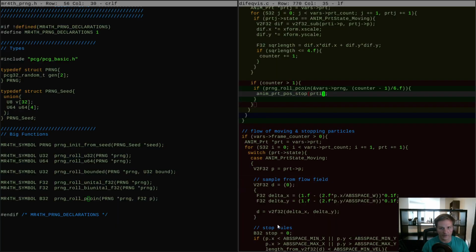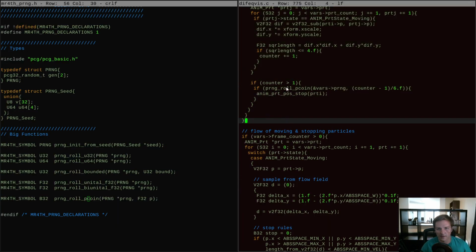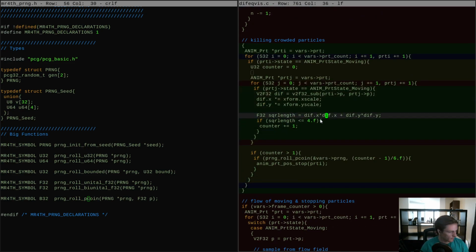All right, so that slowed things down tremendously, because we're doing that n squared search across all the particles that exist. So we're going to have to think about a smarter way to do this next. Nice, okay.